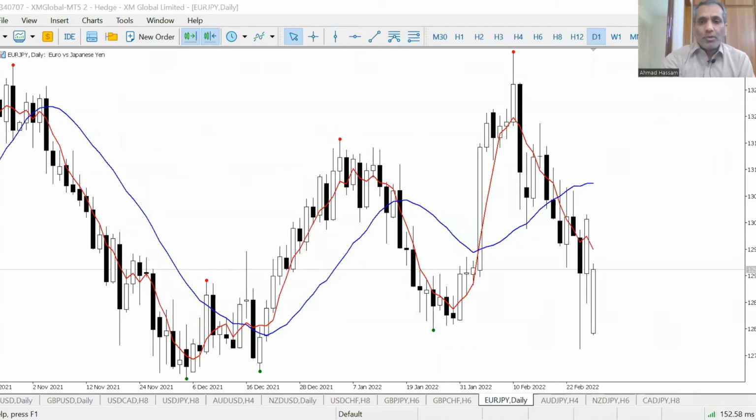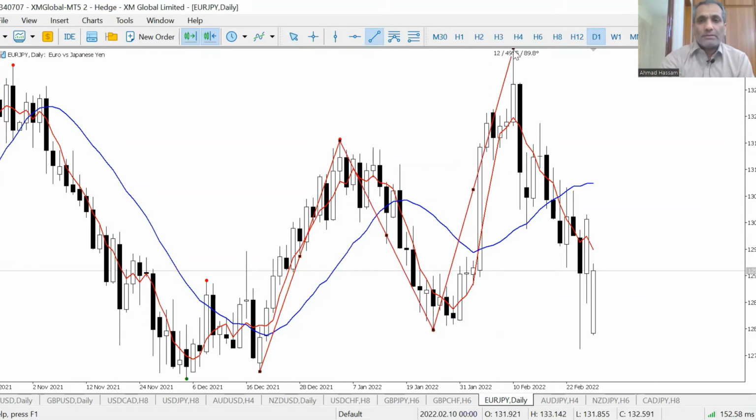This is the Euro-Yen daily chart. This is a very good AB leg. Then there's a retracement BC. And now we have this CD.